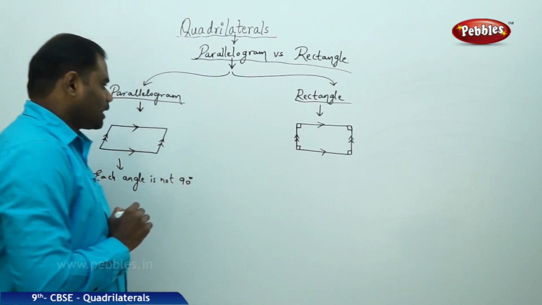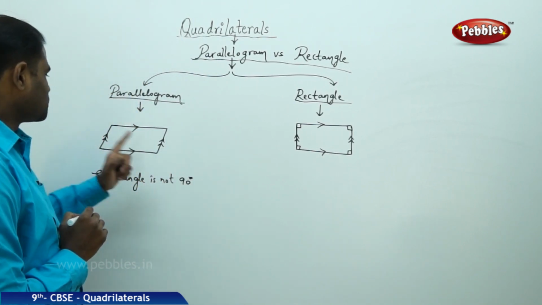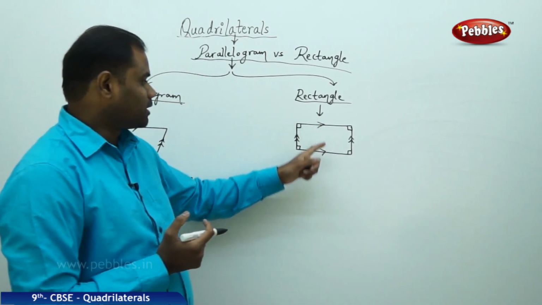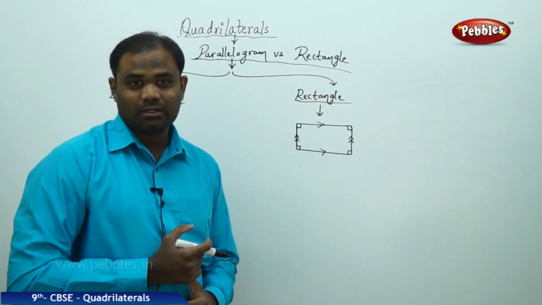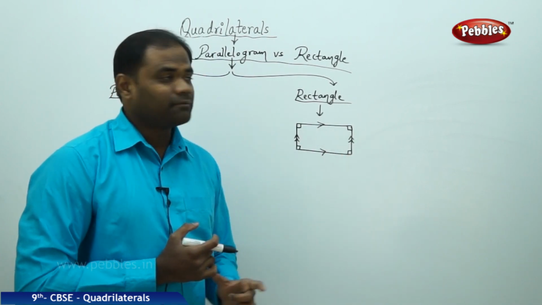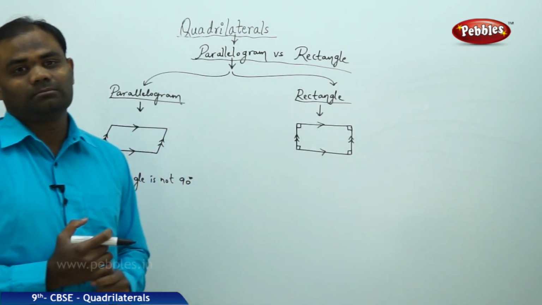Therefore, I can see that opposite sides parallel is the only condition for a parallelogram, and since in a rectangle opposite sides are parallel, irrespective of the condition that each angle is 90, every rectangle is a parallelogram.